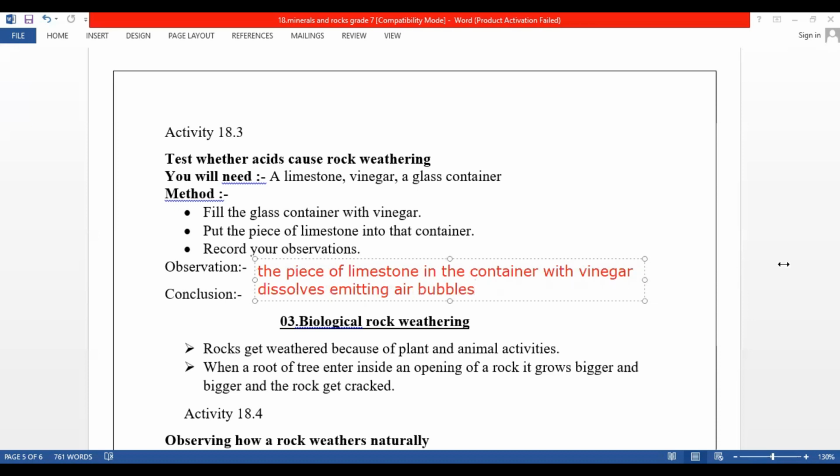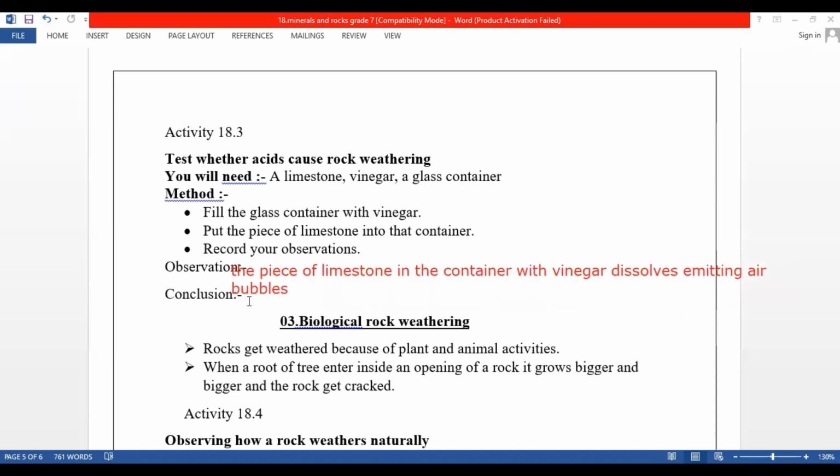And we have to write the conclusion. The conclusion is: limestone got weathered because of acids.